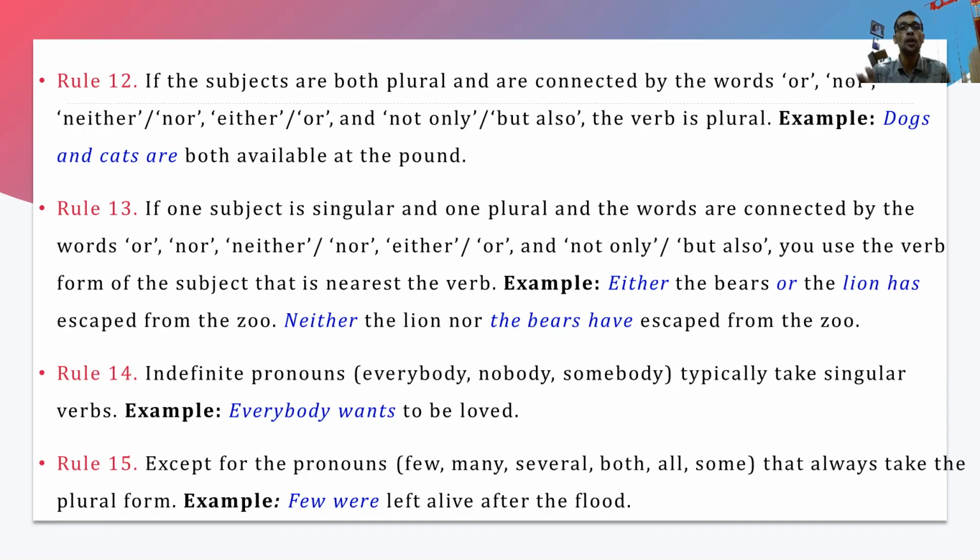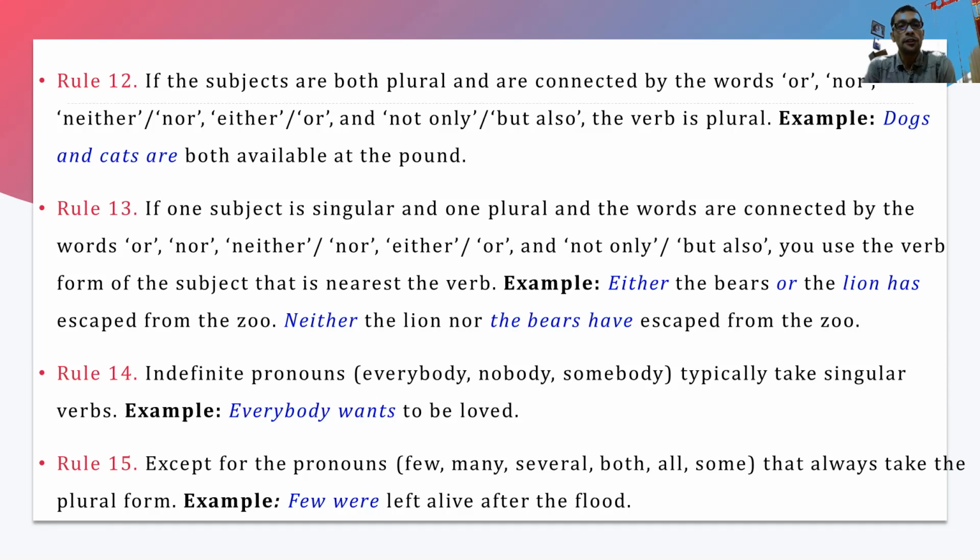Bears is plural, but it is not close. Second example, neither the lion nor the bears have escaped from the zoo. Lion is singular, but bears are plural, and bears is close to the verb, so have has been used.